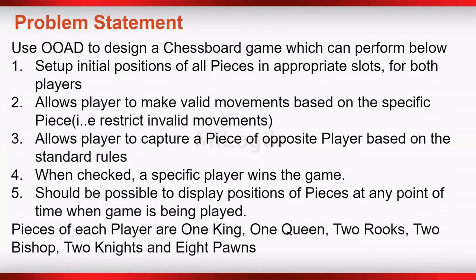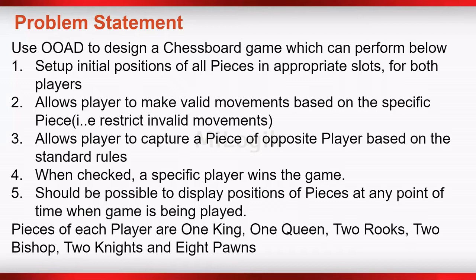Before discussing further, let us see what the requirements of the proposed software system are. It should be possible to set the initial positions of all the pieces in the appropriate slots on the chessboard. It should allow the players to make valid movements based on the rules of the game.